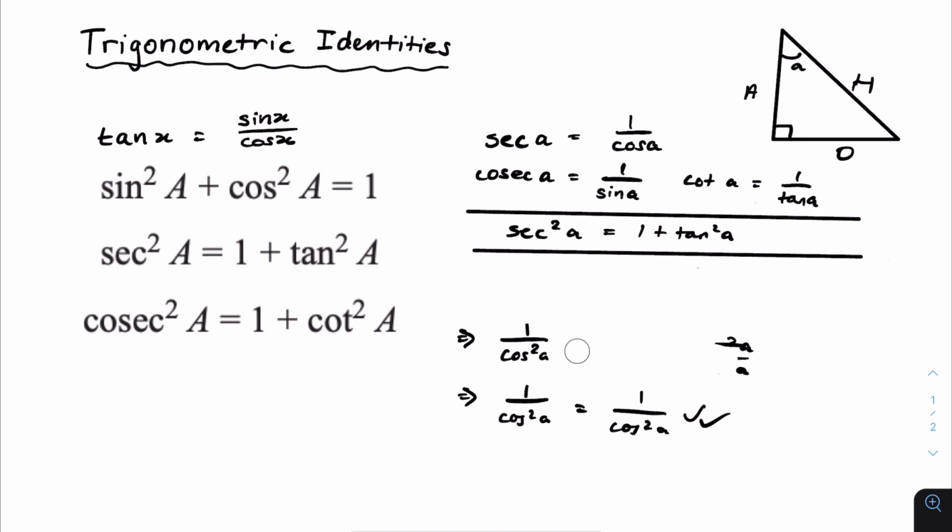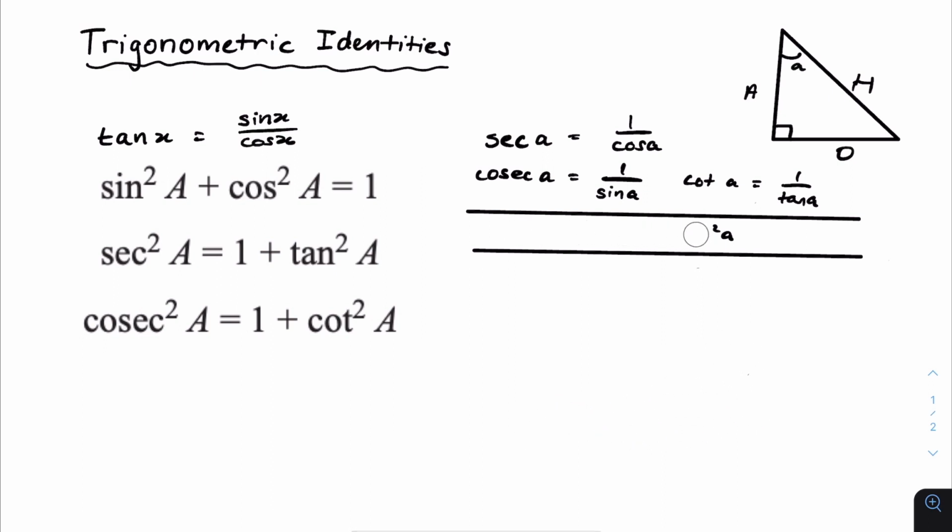So let's move on to the next proof, the last proof. This is the last identity you will be given in the exam, and the last one you really need, if I'm being honest. All right, so cosecant squared A is equal to 1 plus cotangent squared A. So again, replace everything with sine and cos where you can.